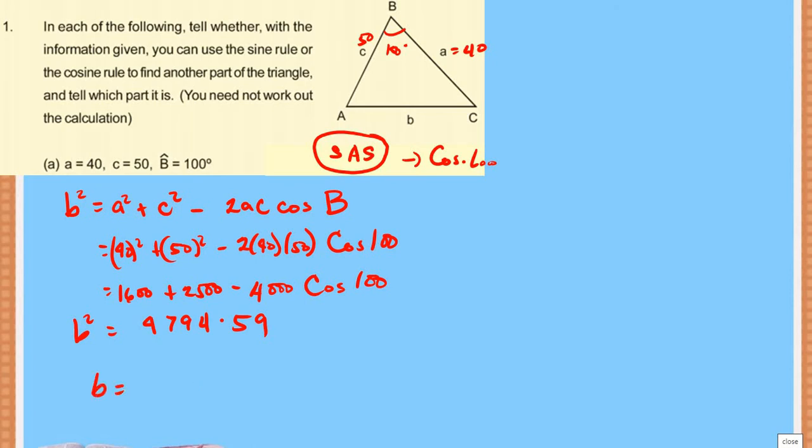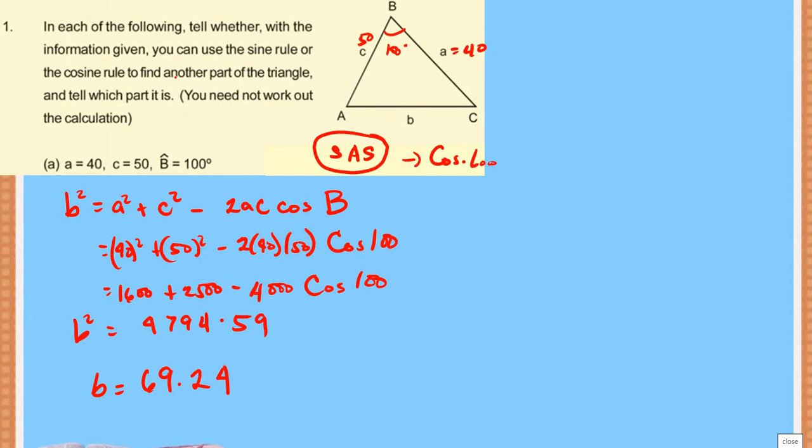So how are we going to solve for B? Get the square root of the answer. The square root of 4,794.59 gives side B equal to 69.24.